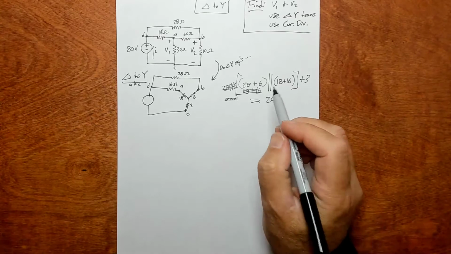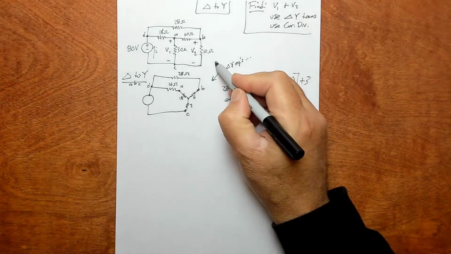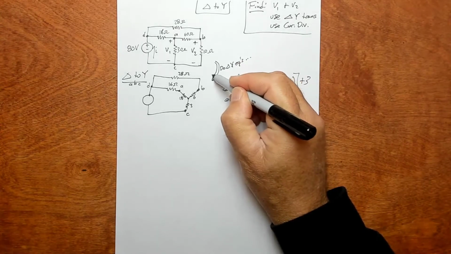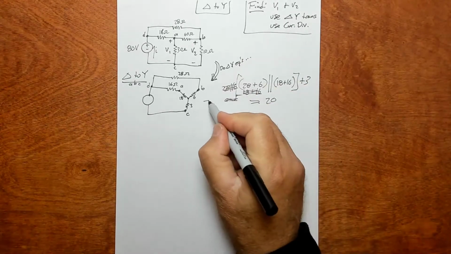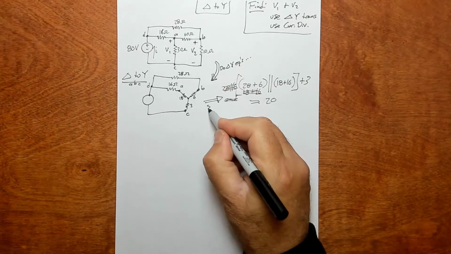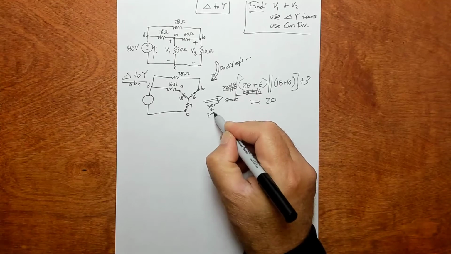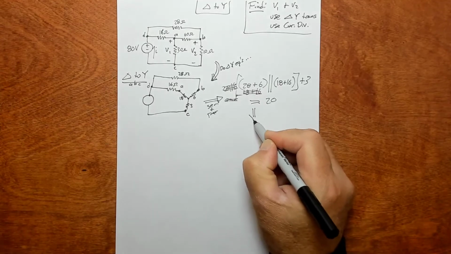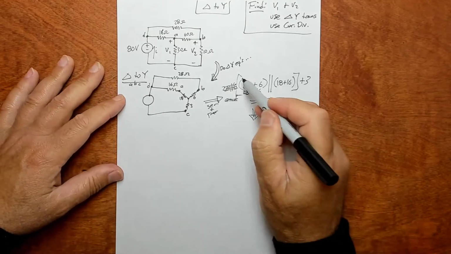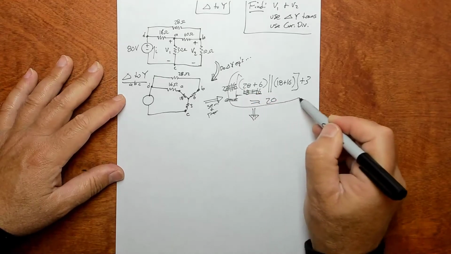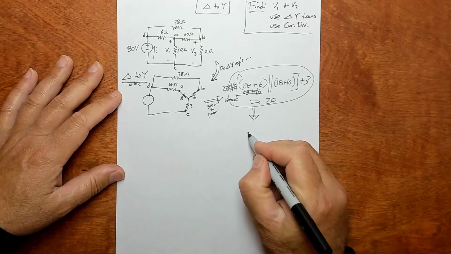So first I did a delta to y. Then I'm gonna do some series and parallel stuff, and after doing this stuff, you end up with this circuit right here.